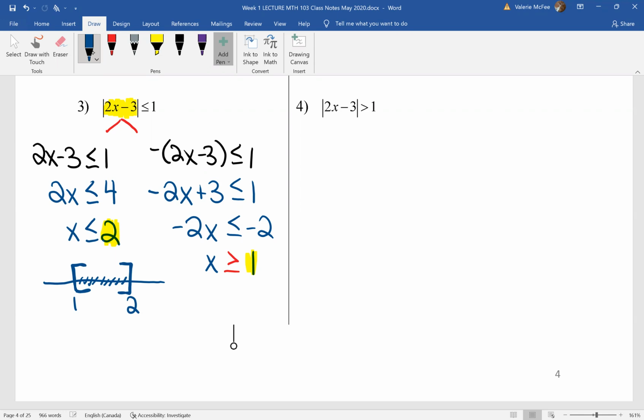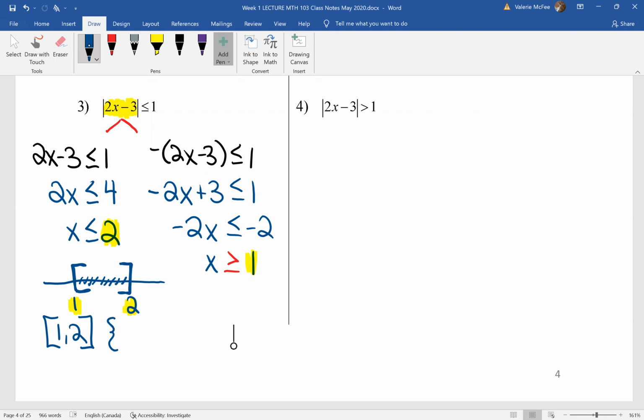My interval notation uses these endpoints in the order they appear. Both of them have a closed or square bracket. And I can see from the number line that x is the values between and including 1 and 2.